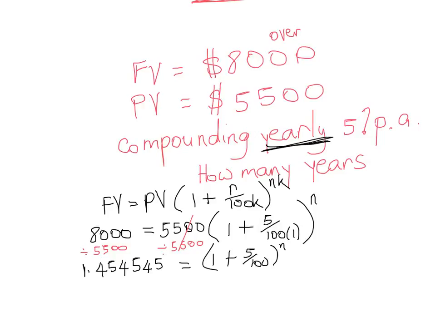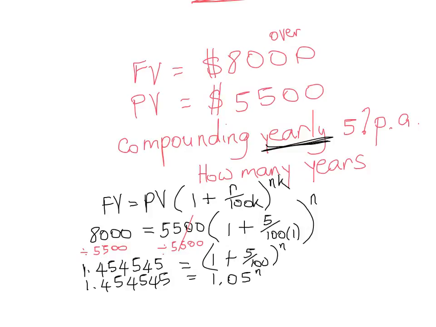Now 1 plus 5 over 100 is 1.05. That raised to the power of n should give you 1.454545.